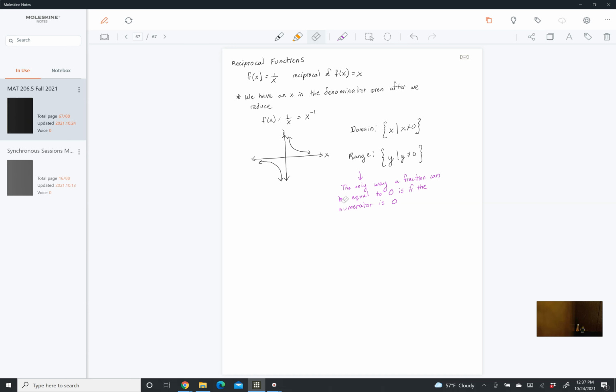And this is 1 over x. The numerator is 1. Similar to the domain, if x equals 0, 1 over x is undefined. So it wouldn't work.